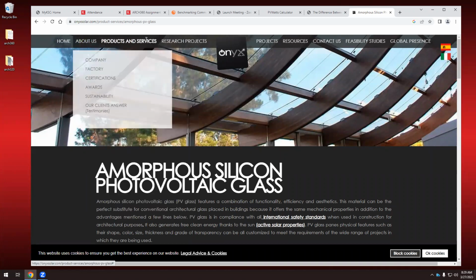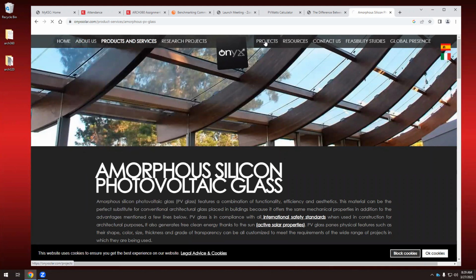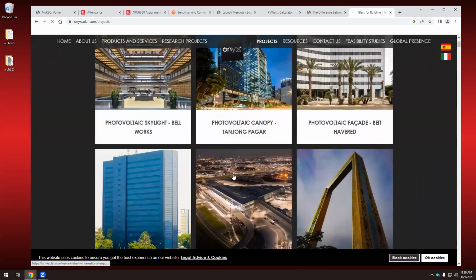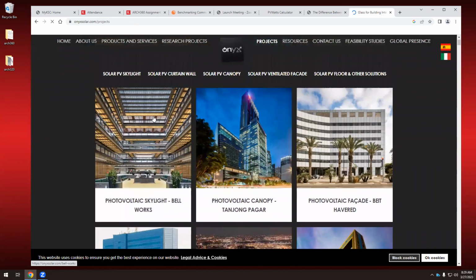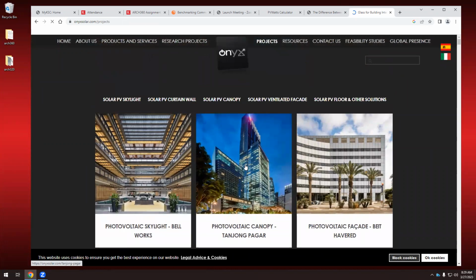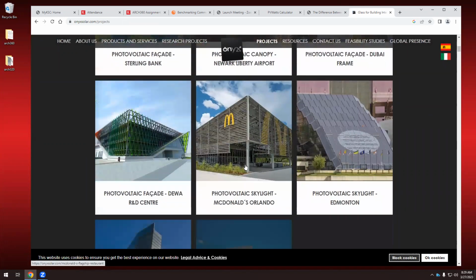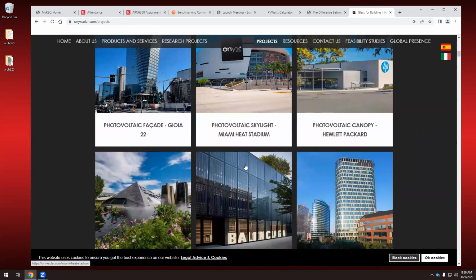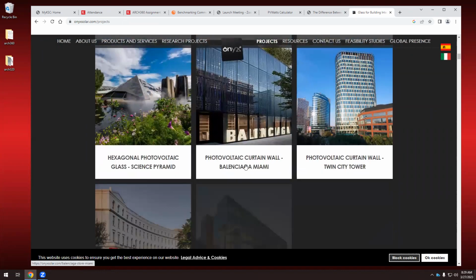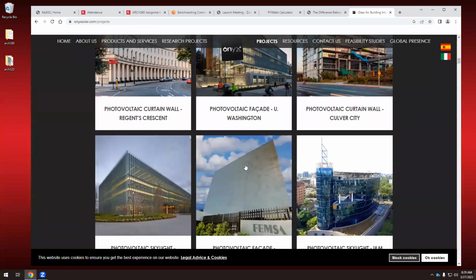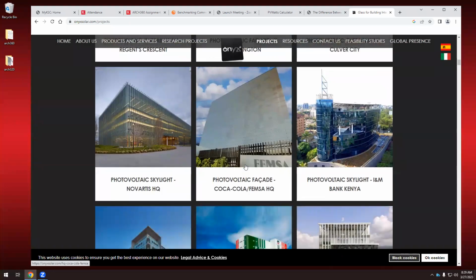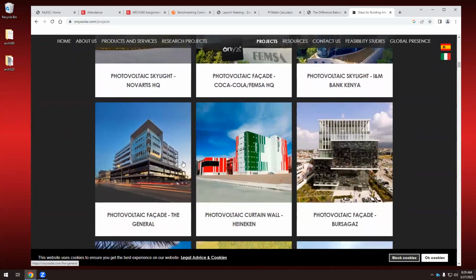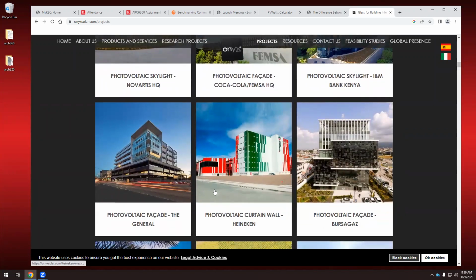But here you can see different projects, and I think they are very good at integrating curtain walls and skylights into good contemporary architecture. This is a Spanish company, but they are worldwide creating this kind of integrated PV arrays in different buildings everywhere.